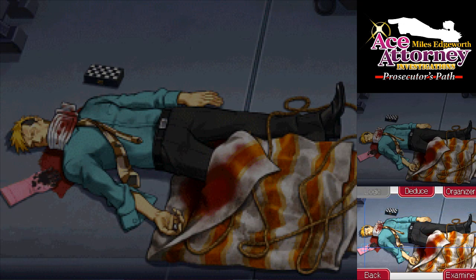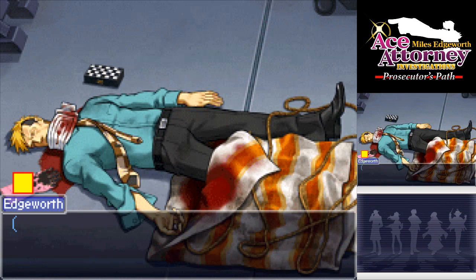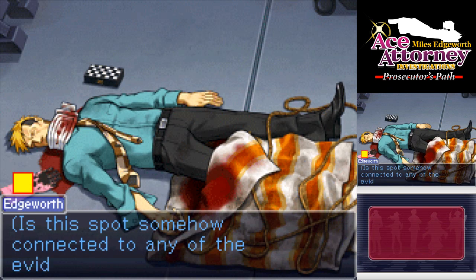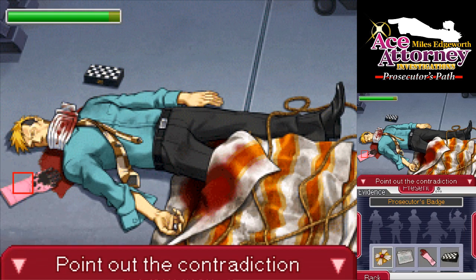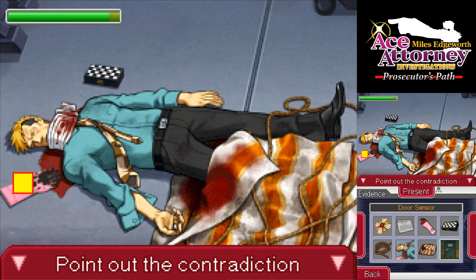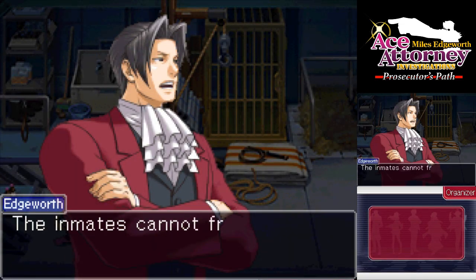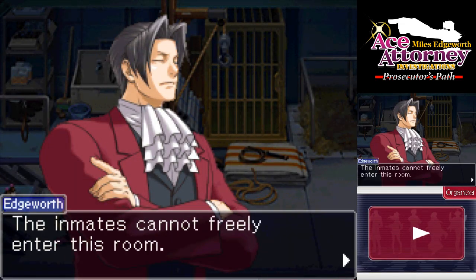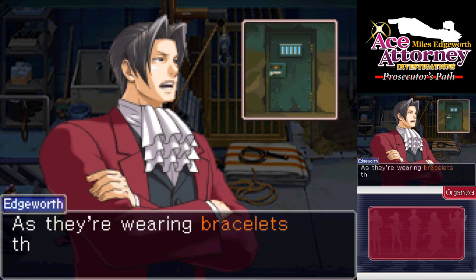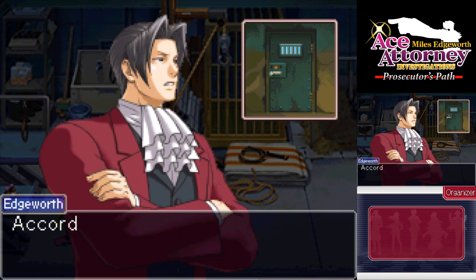Okay, so... Is this spot somehow connected to any of the evidence I hold? Well, yeah, the door sensor. The inmates cannot freely enter this room, as they're wearing bracelets that set off the sensors.